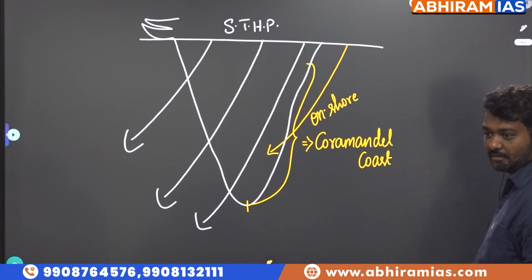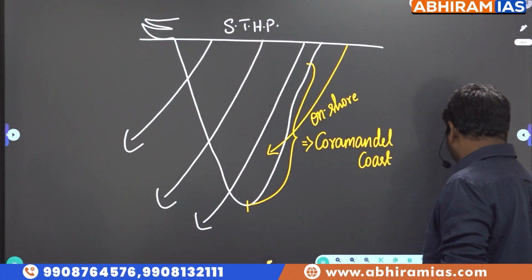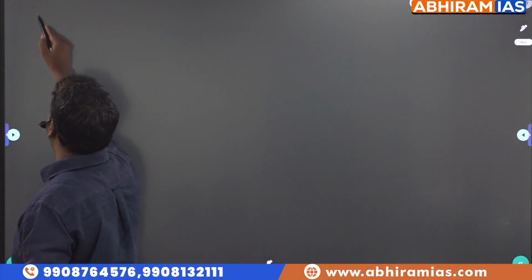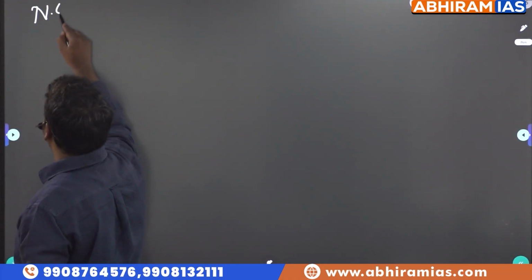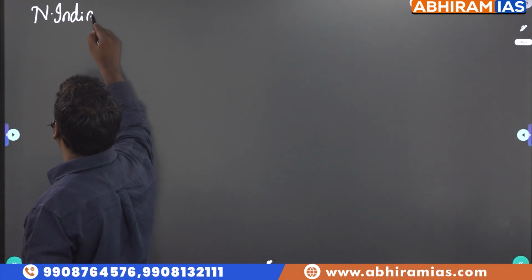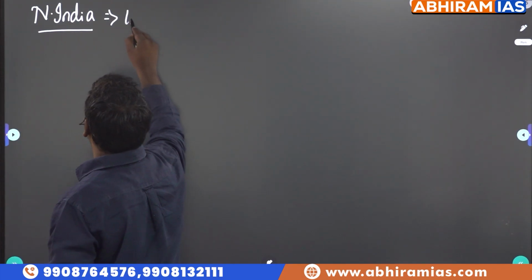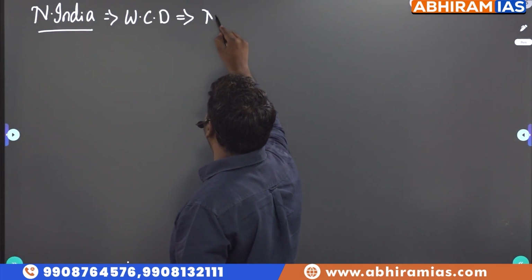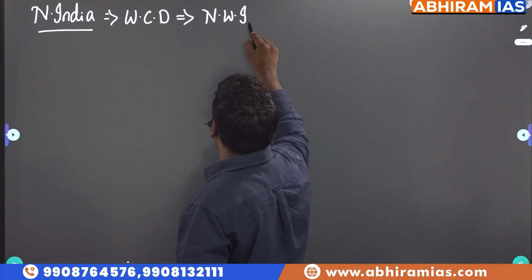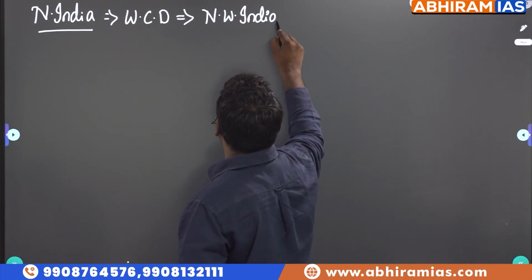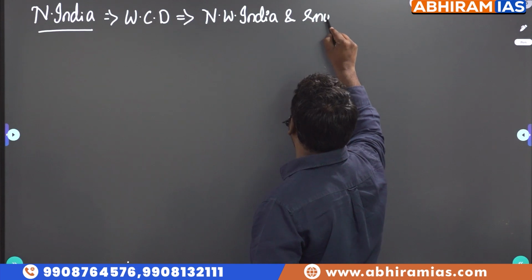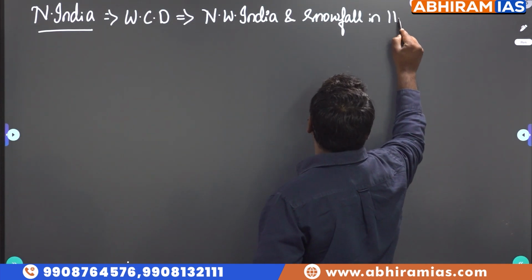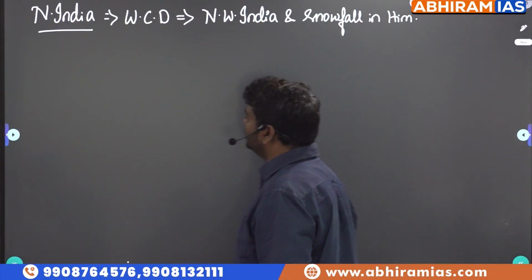North India, as we saw, western cyclonic disturbances give rainfall in northwest India and snowfall in Himalayas.